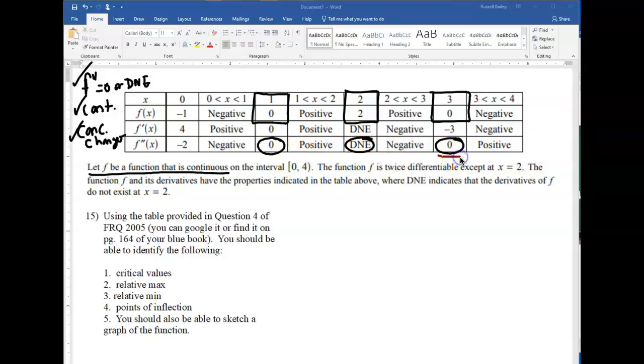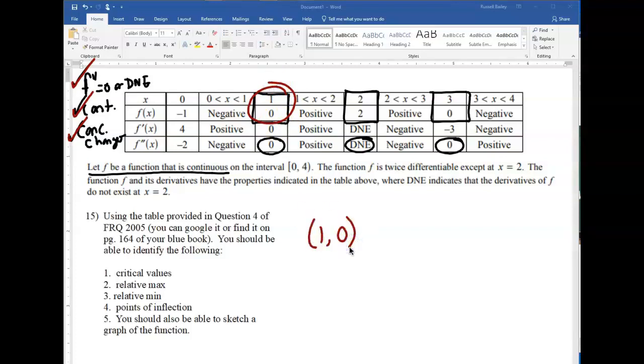Finally, for our last possible choice, does the concavity change there? It does. So all 3 of these points, where the second derivative is 0 or does not exist, meet the criteria. The second derivative is either 0 or does not exist, it's continuous, and the concavity changes. So all 3 of those points are points of inflection. So the first point would be 1, 0.